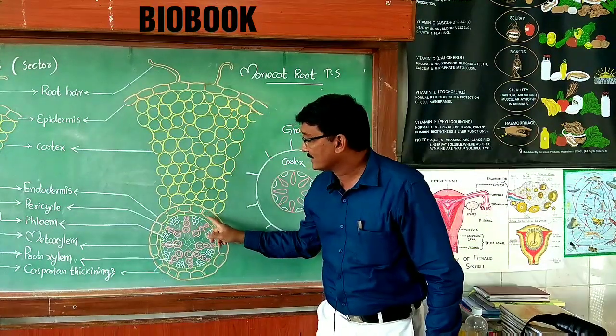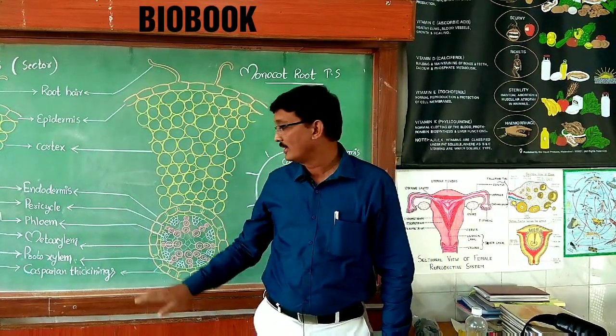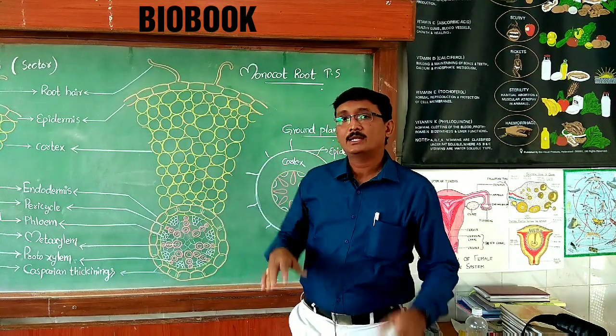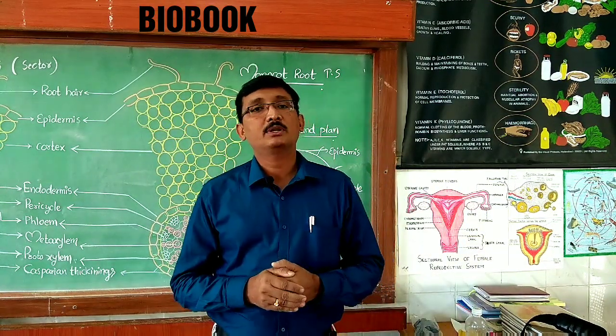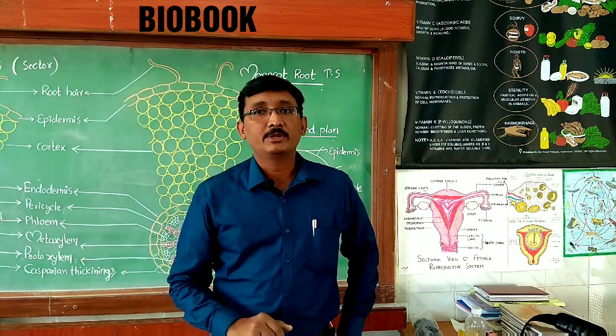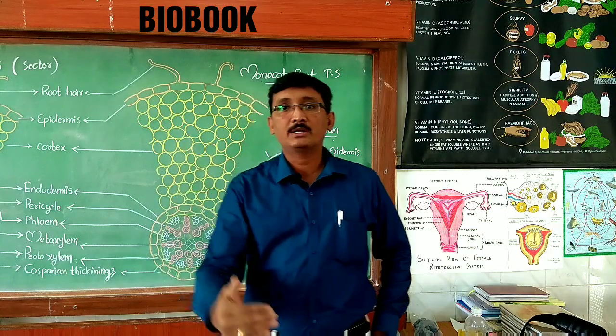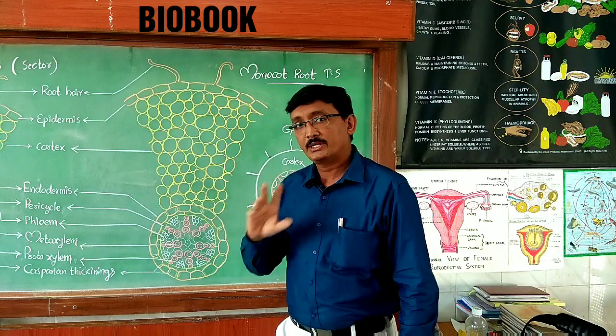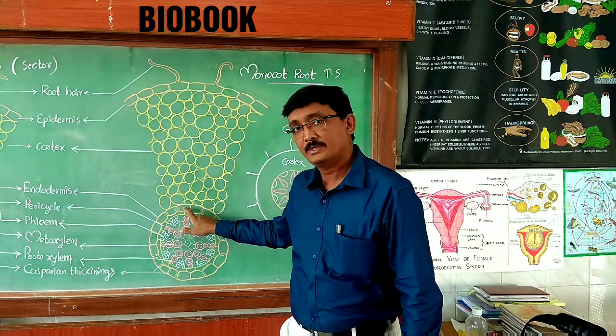Endodermal cells consist of a special type of thickenings, called Casparian thickenings, right? So endodermis is the last part of cortex. This is a very important question for you in the coming NEET examinations and AIIMS also. They will ask which part is the last part of cortex. Then you need to give the answer: endodermis, right?